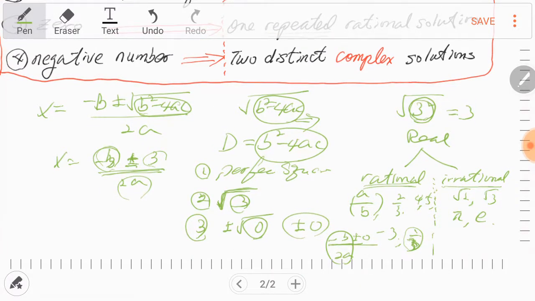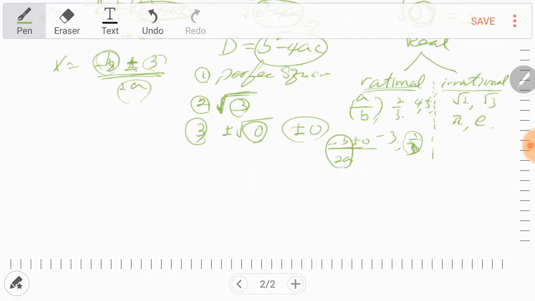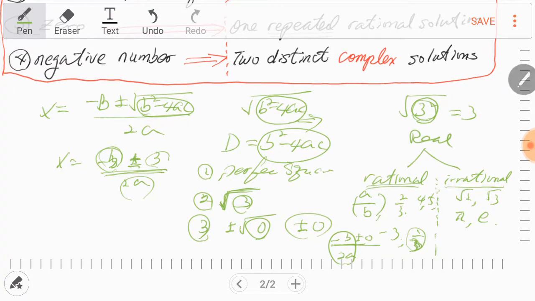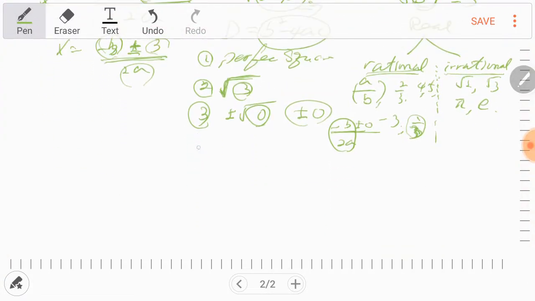Okay, number 4 is the negative number. What happens if it's a negative number? Just think about this one. Square root of negative 3. Then this is no longer a real number. Since the negative is inside the square root, this is a complex number, an imaginary number. This is square root of 3i.